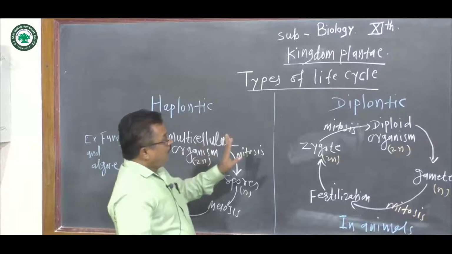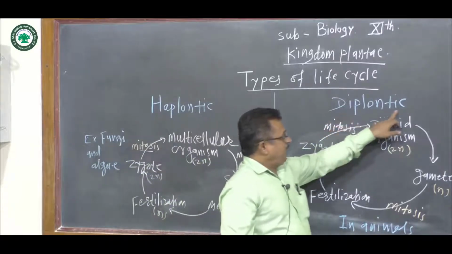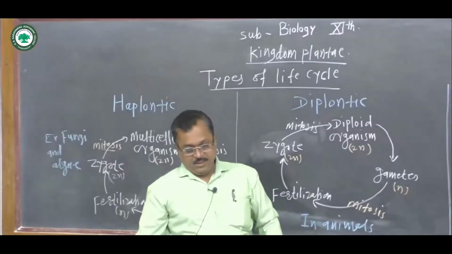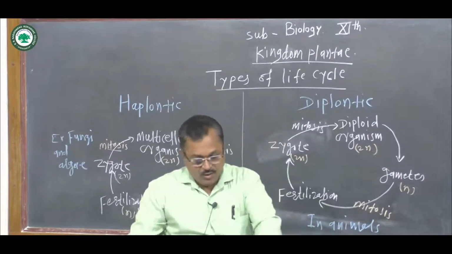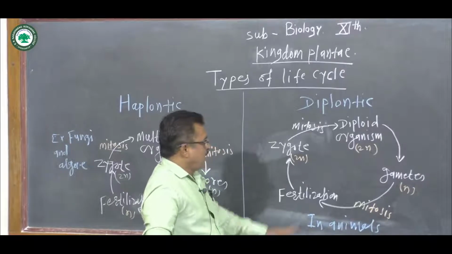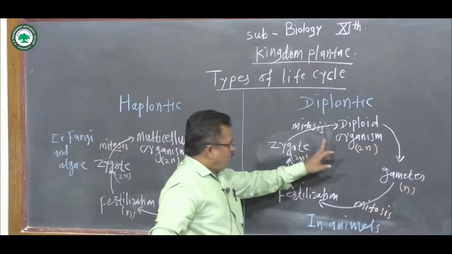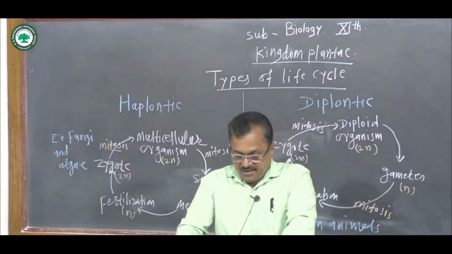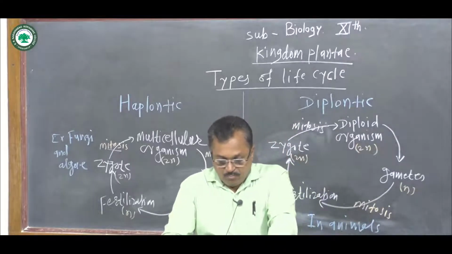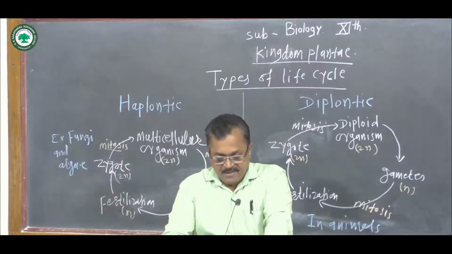Then another type, that is diplontic type of life cycle. In the diplontic type of life cycle, here mitosis occurs only in diploid cells. The gametes formed through meiosis are haploid in nature.